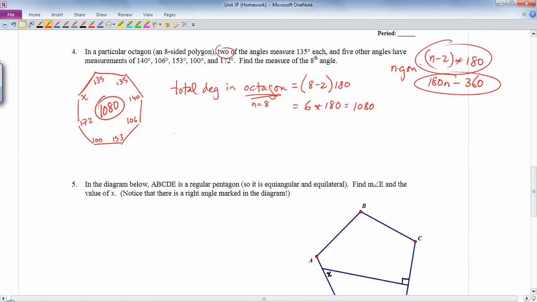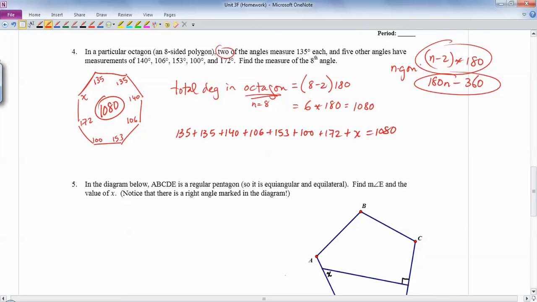So then we know the sum of all these angles. 135 plus 135 plus 140 plus 106 plus 153 plus 100 plus 172 plus x equals 1080.